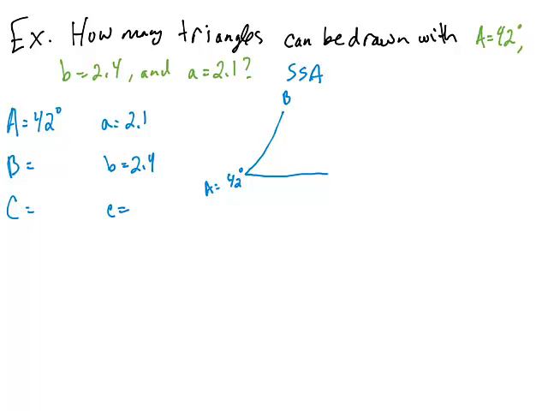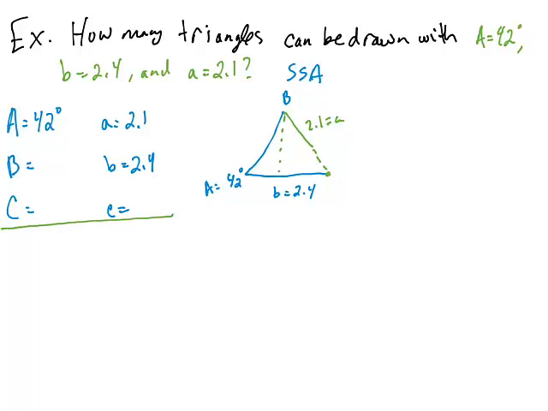We don't know angle B, but side b will be over here, 2.4. And then side a, 2.1. Now again, does that side a reach down here, or is it too short, or does it reach here and over here to make two triangles? That's what we're going to try to figure out.